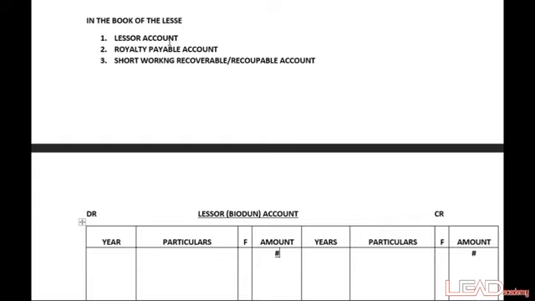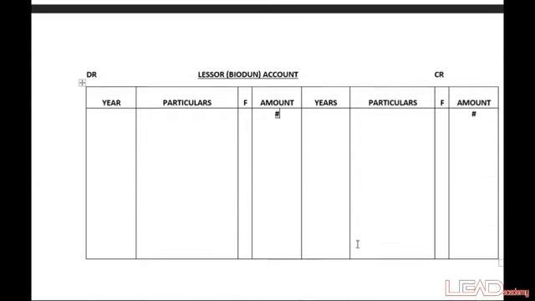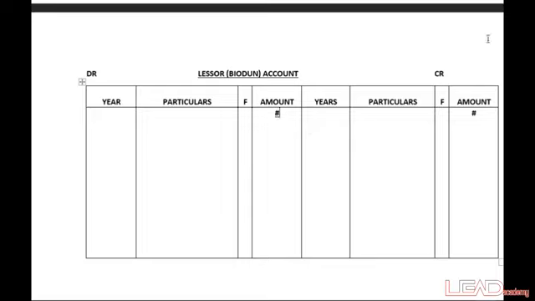The reason why you are crediting royalty payable is because, let's say we are the lessee, we are paying to the landlord, Biodun. That is royalty payable, which means the money going out is on the credit side.